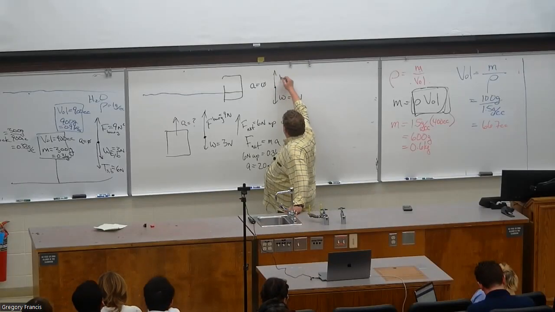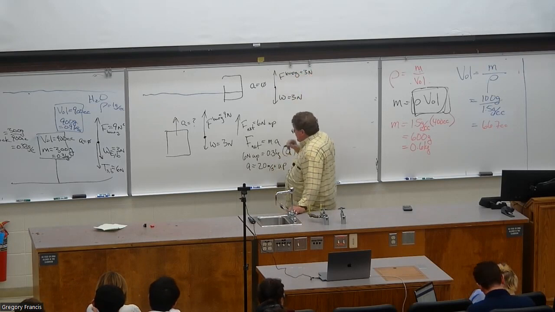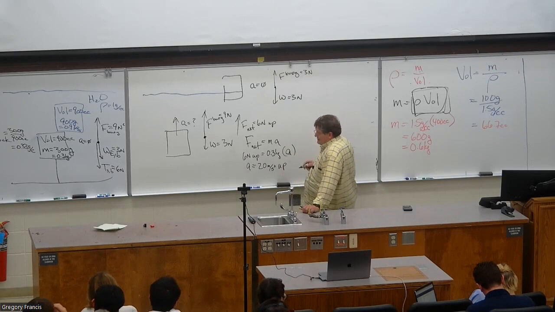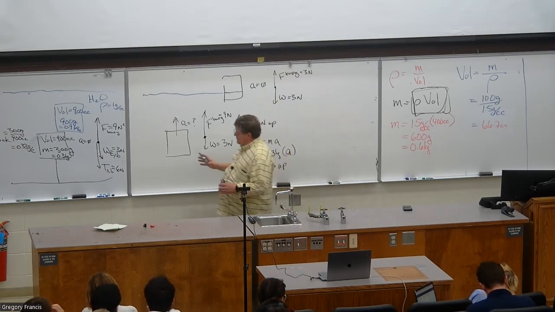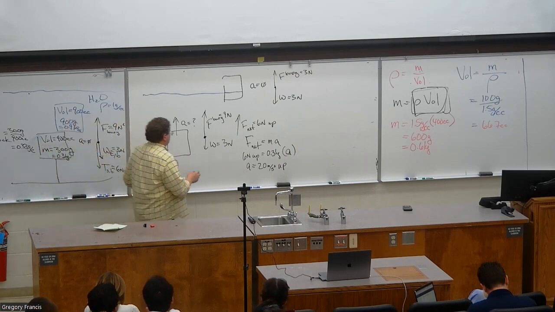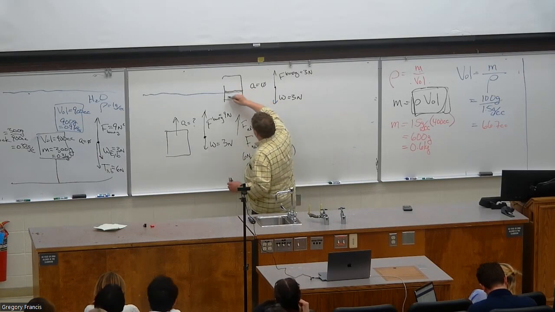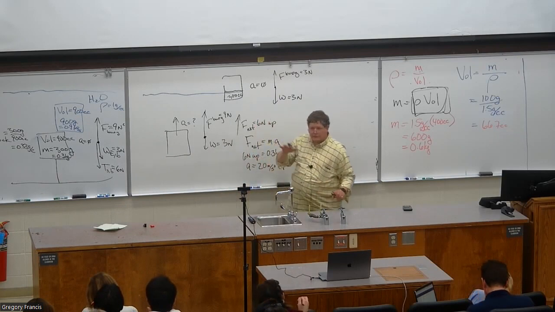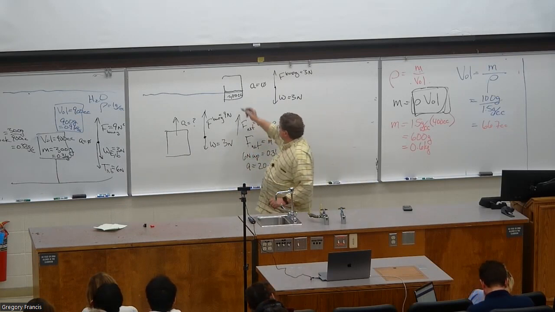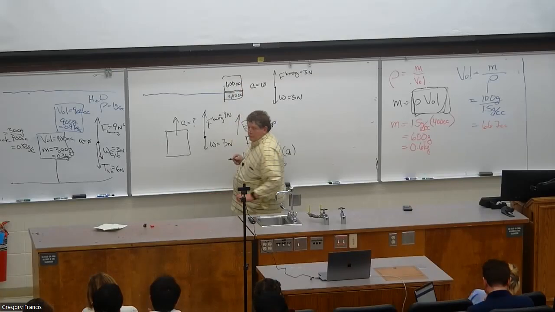And that means that my buoyant force now is 3 newtons. Well, the volume of the block was 900 cc's, but if the buoyant force is only 3 newtons, that means I've only got 300 cc's of water that are under the surface. That's 600 cc's that are above the surface.